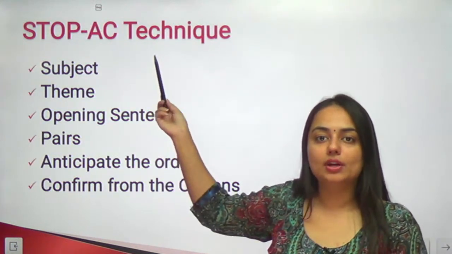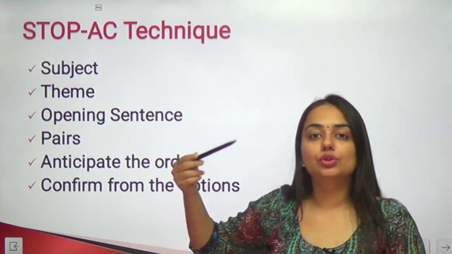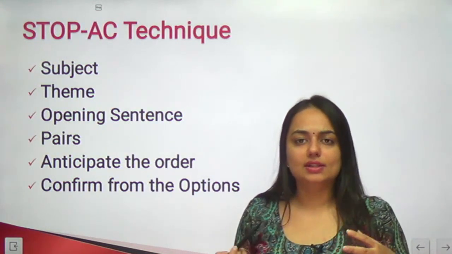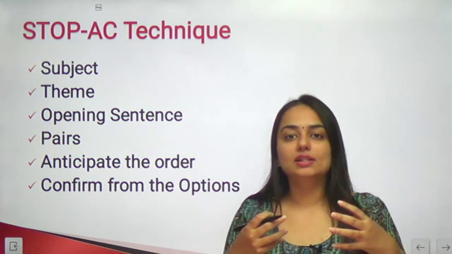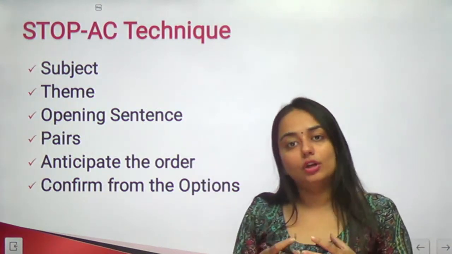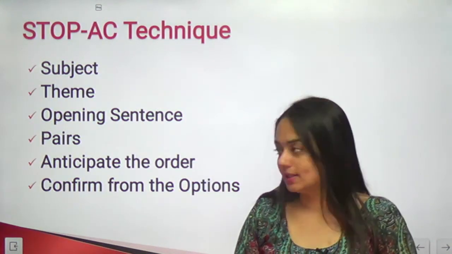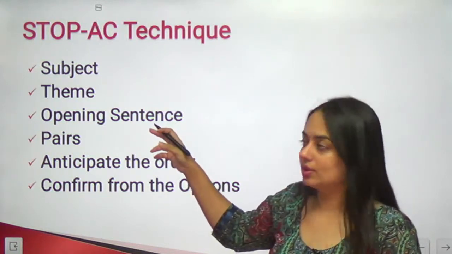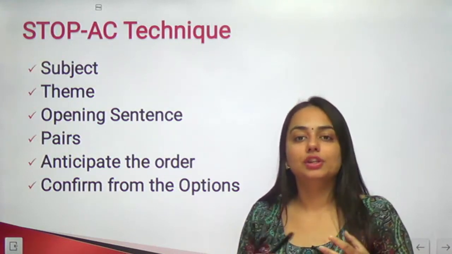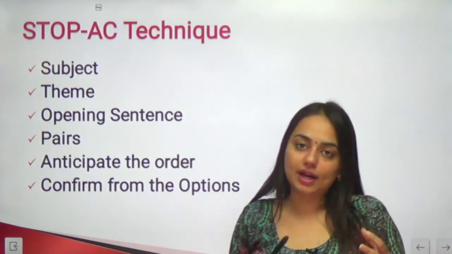First of all, try to identify the sentence which introduces you to the subject. Try to guess the theme of all the sentences. Guessing the subject of all the sentences and the theme is very important. Then look for the opening or introductory sentence of that passage, which will again give you the subject. Make some pairs that will definitely go along, that cannot be there in isolation.